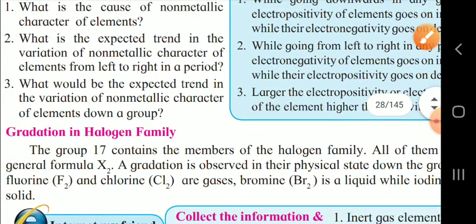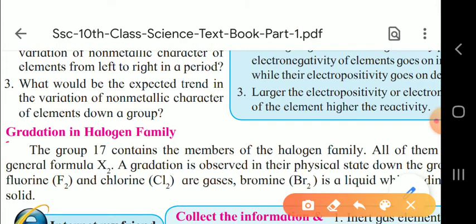Now children, we will see the halogen family. Gradation in the halogen family. Group 17 contains the members of the halogens. What are the halogens, children? Already you know that chlorine, bromine, iodine, fluorine, these we study as the halogens. All of them have the general formula X2. A gradation is observed in their physical state down the group.